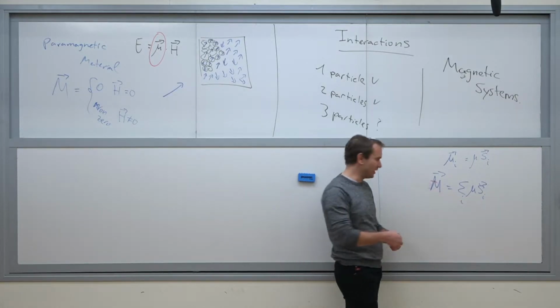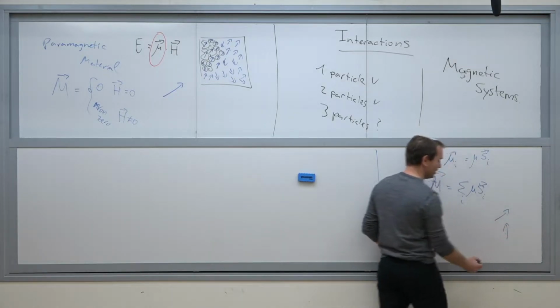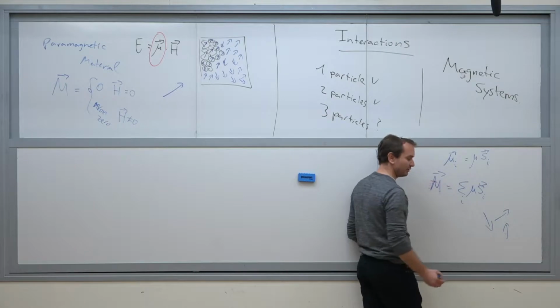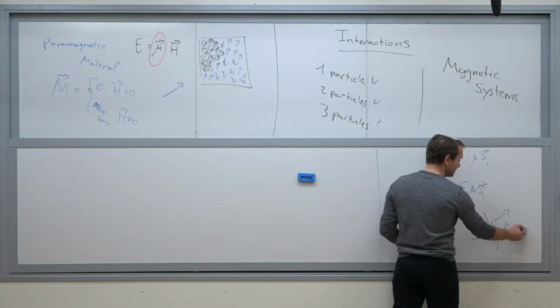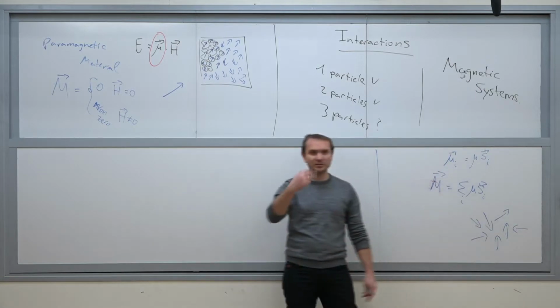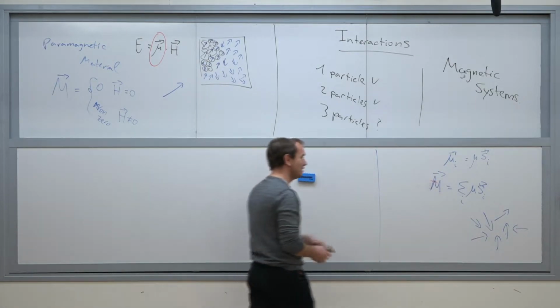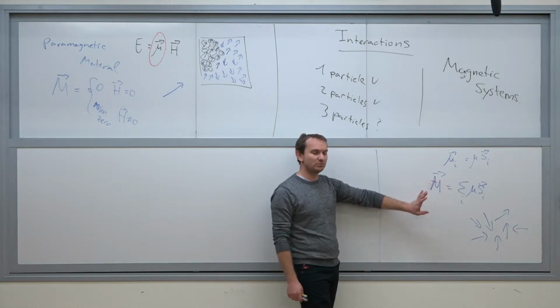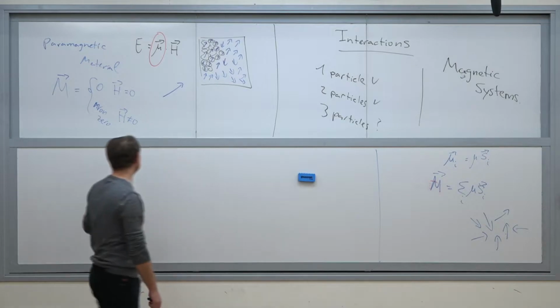Some of them are in this direction, some in that direction, so there is a complete randomness inside the system. If we sum over all different directions of the particles, the total magnetization is 0.